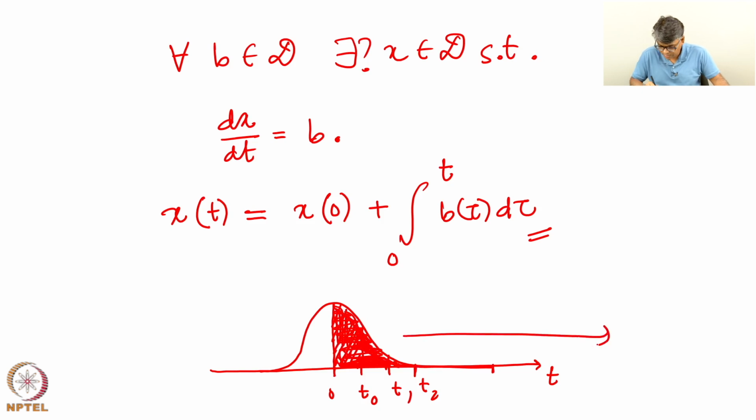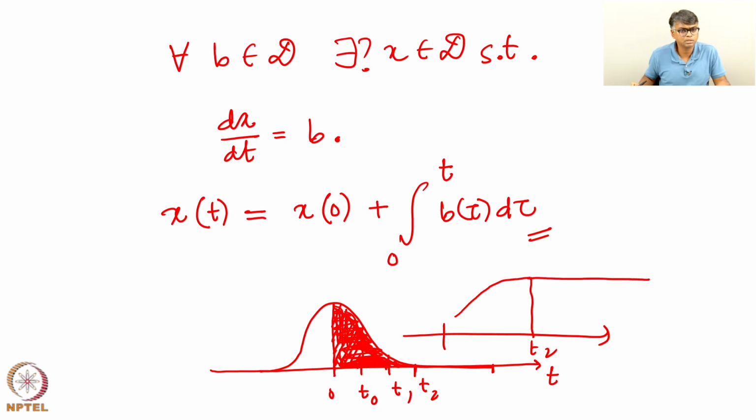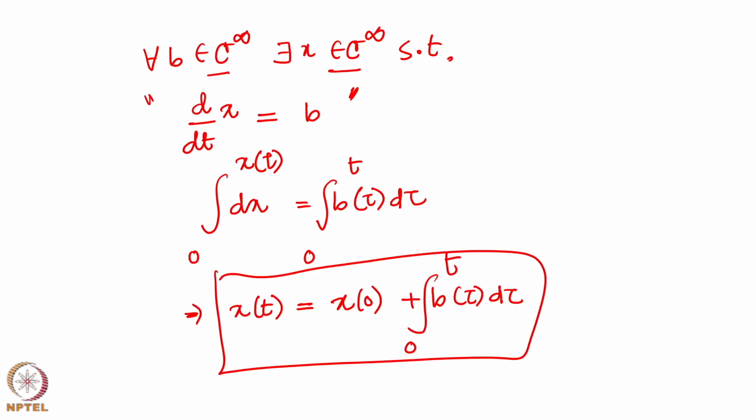So the result of this integral will keep on increasing and saturate at t2 and remain there. This is not compactly supported. So therefore, it's not true that for every compactly supported b there is a compactly supported x. So you see, the function space is important.